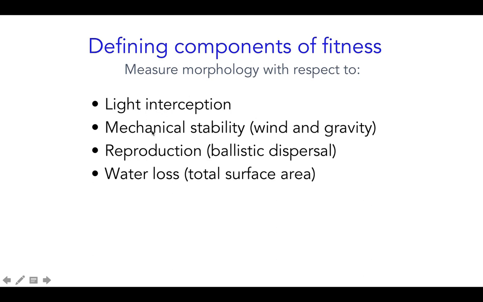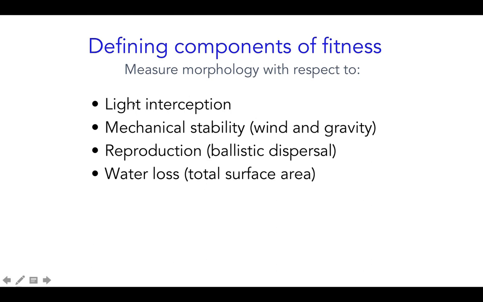But also differences in mechanical stability, differences in your ability to withstand wind and gravity, but also fitness is going to be influenced by reproduction, and also by water loss. So notice that light interception, mechanical stability, and water loss are going to be influencing your survivorship, whereas reproduction, or allocation to reproduction, is obviously going to be influencing your reproductive output.